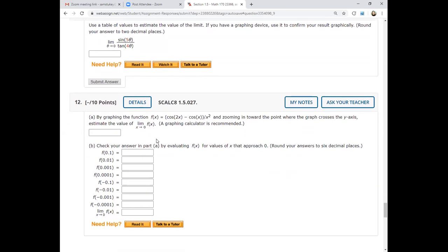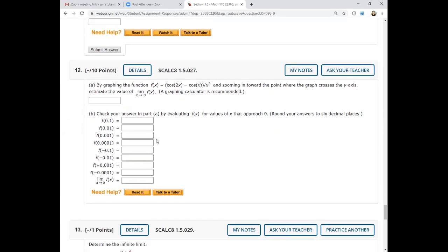Now on the next one, they give you a table, but they do it in a different way. They give you a function here, and then they have you zoom in around it. So they have you fill it in. What is f of 0.1?